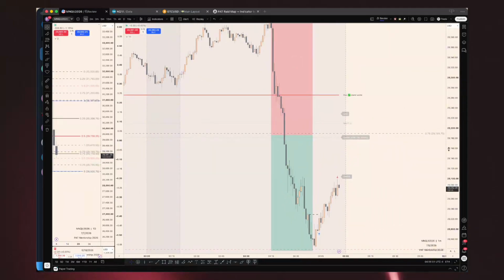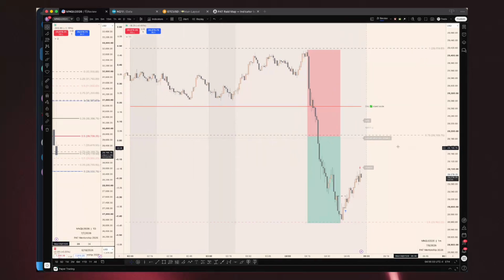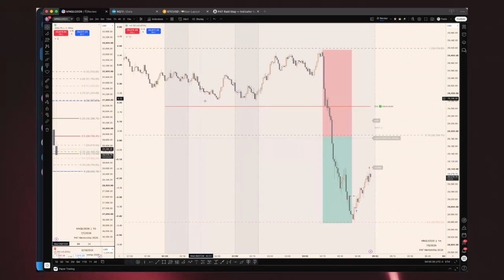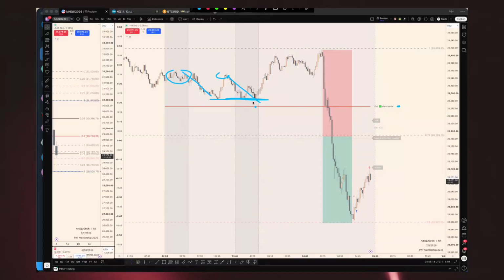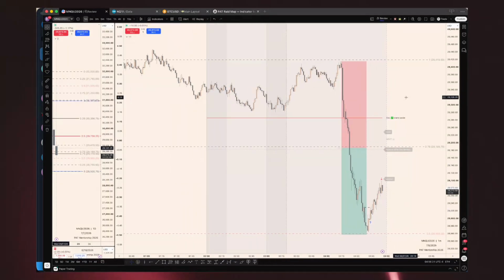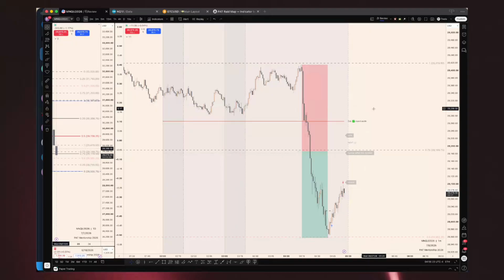Not necessarily trying to get a short in that direction. Obviously, you could have looked at something in this direction, but if you try to get to it and through it, it would have punished you, which is okay. I mean, that happens. You cannot completely avoid it.